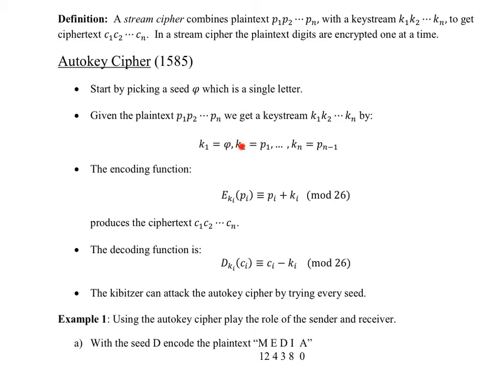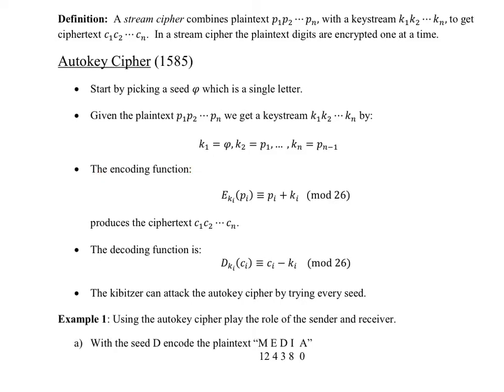And then the next key is the very first plain text digit or letter. And so on and so on, until the last thing in the key would be the second last thing in the plain text. So we just keep generating the key with the plain text itself, except it's shifted over one because the very first thing in the key is the seed.